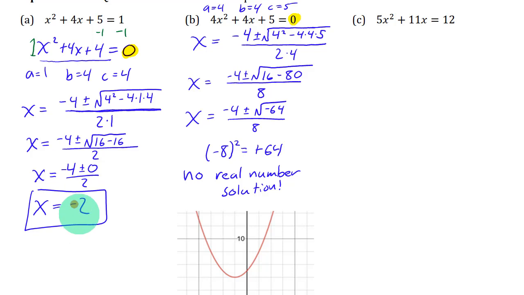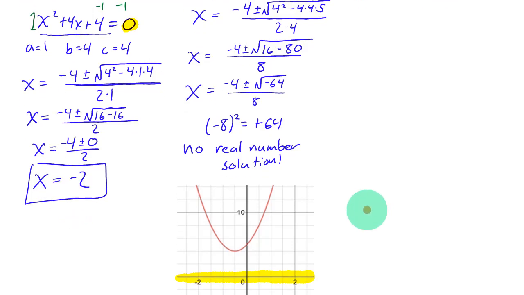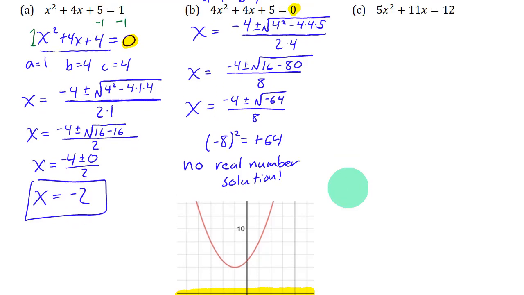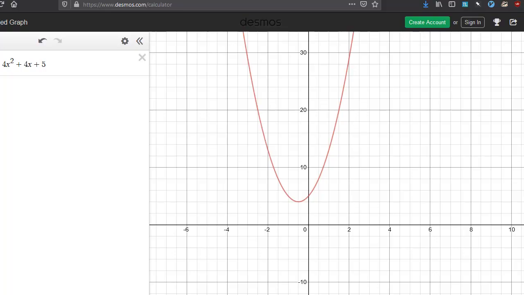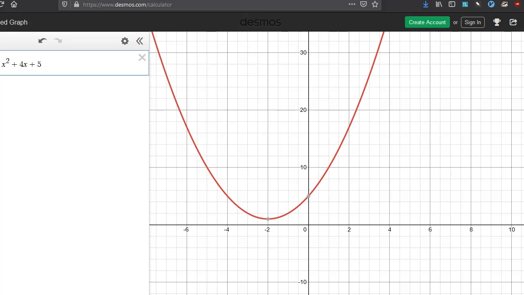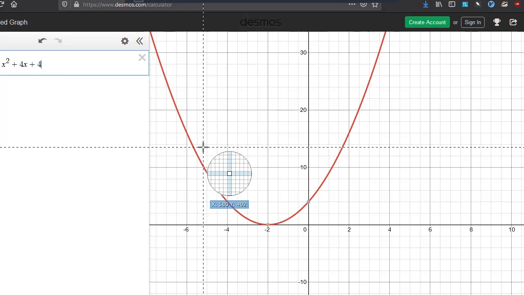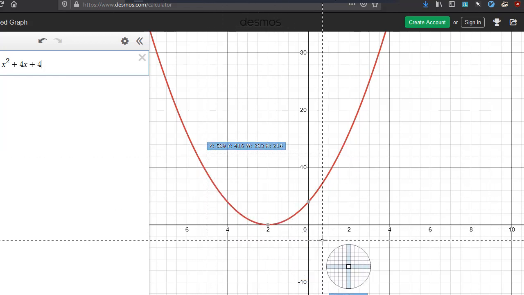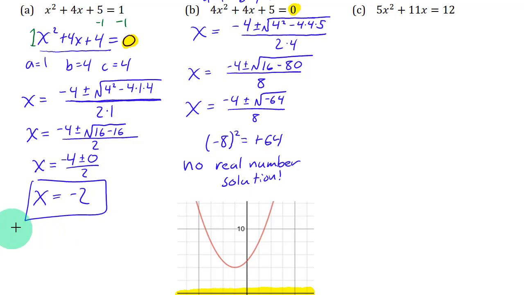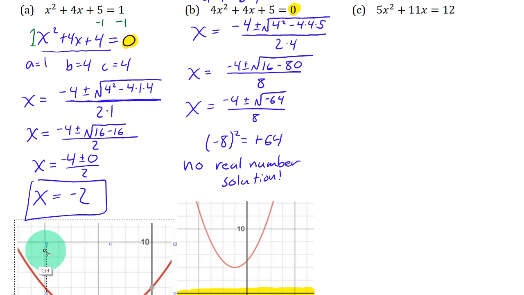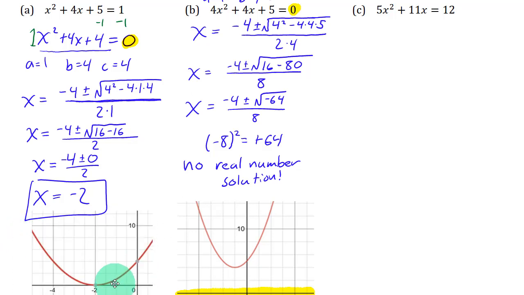Well, there's probably just going to be exactly one point where it's equal to 0. Let's graph that one really quick. This was y equals x squared plus 4x plus 4. And yeah, there's exactly one point right here where it crosses the x-axis. So there's one value of x that makes y equal to 0, and it's right here. Negative 2.